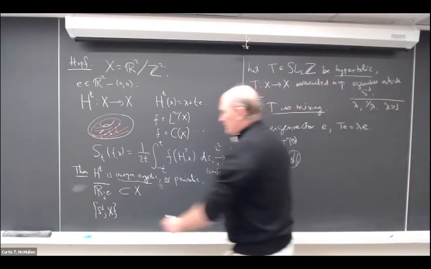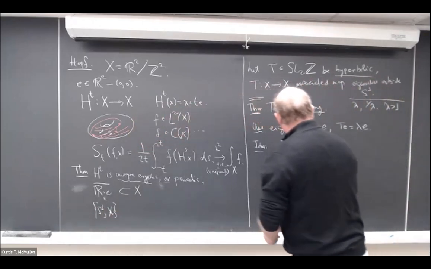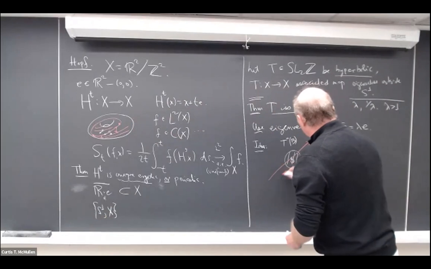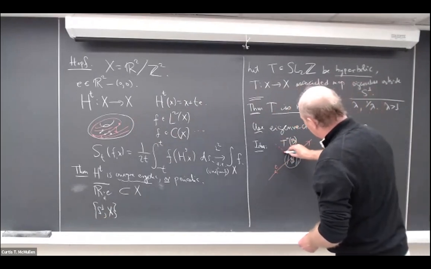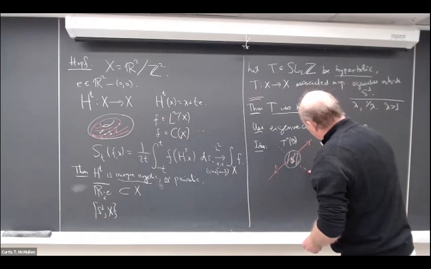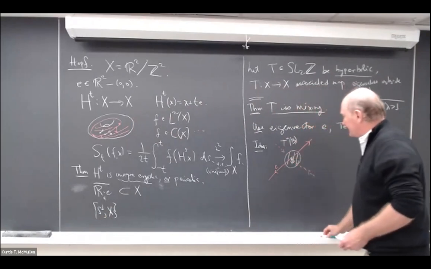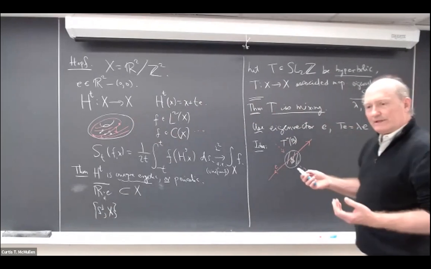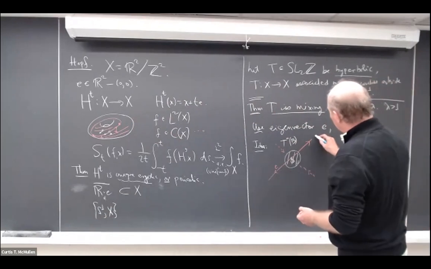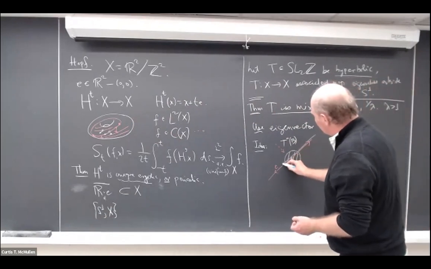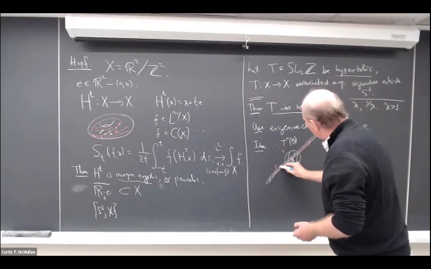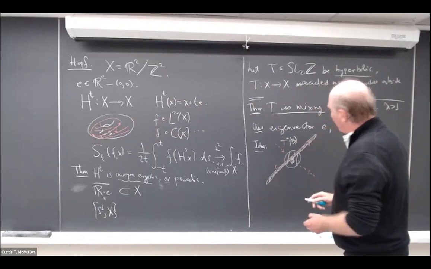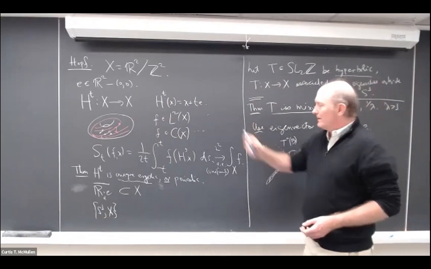First, we have expansion in the direction of E, and then there's a complementary eigenvector, and we have contraction by 1 over lambda in that direction. So the image of the ball becomes a very long ellipse. And it's along this flow line of H_t.